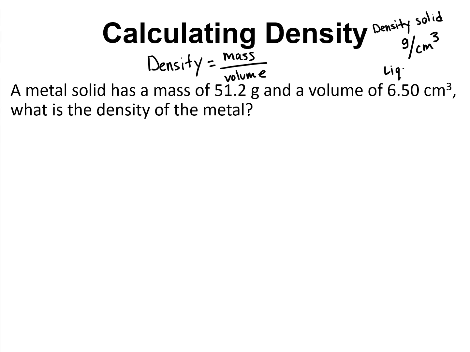For a liquid, it's gram per milliliter. We're not going to talk about gases. We're not going to do any gas examples. I'm not going to put that on the exam. We have a whole chapter dedicated to gases towards the end of the semester. That's when we'll talk about gas density. So we'll only focus on liquids and solids. These are the units.